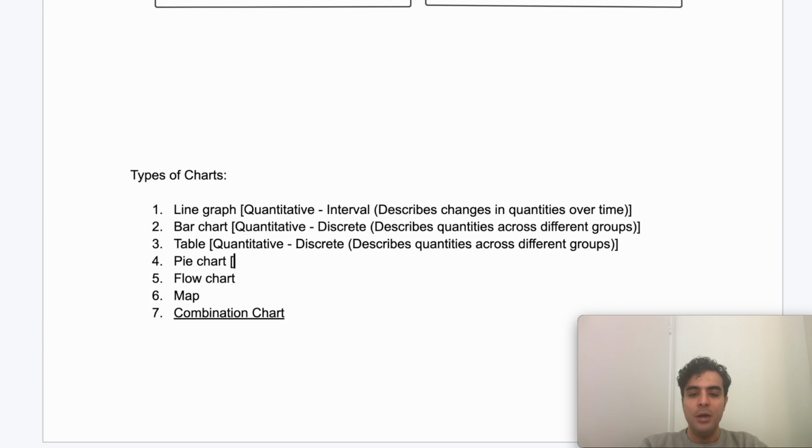What about pie charts? Once again, I think you would agree with me that this is quantitative and that it is discrete, which means it's describing quantities across different groups again. But there's a slight difference that I perhaps didn't mention in my previous explanation.